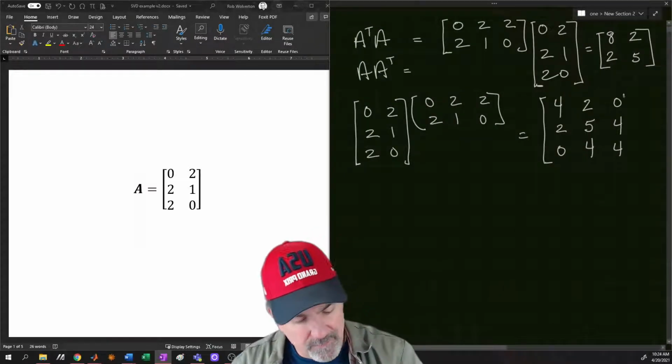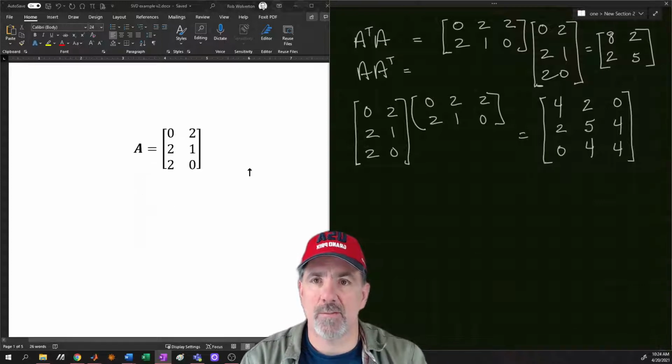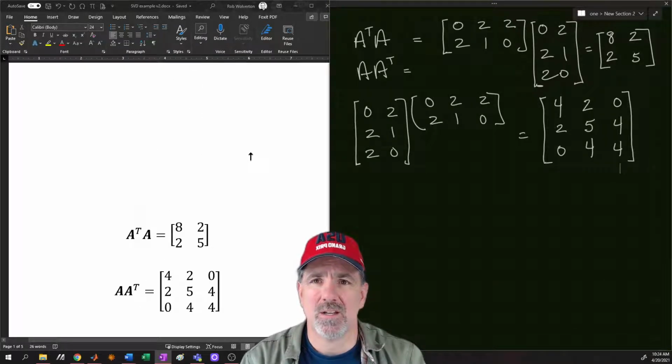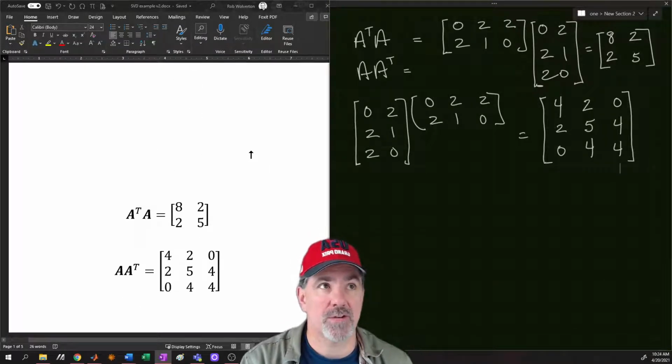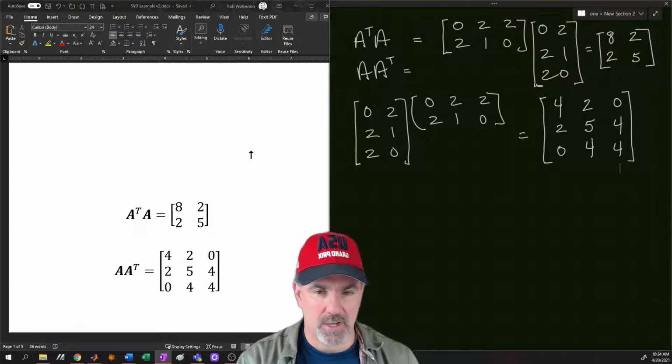So here's what I have for the two matrices, and we can verify and make sure that we have those correct. Remember, we know they're going to be symmetric, so if we come up with something that's not symmetric, then we have something that's incorrect.